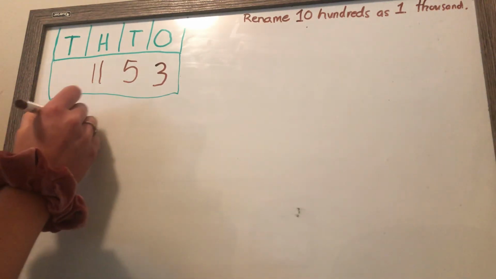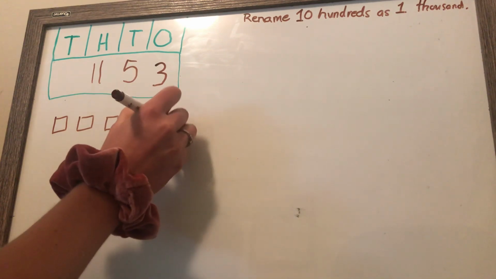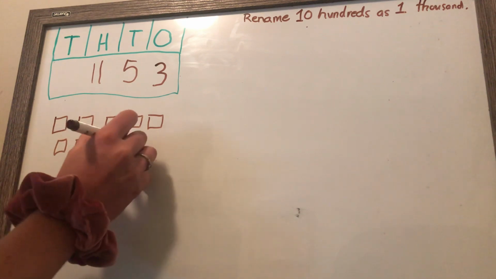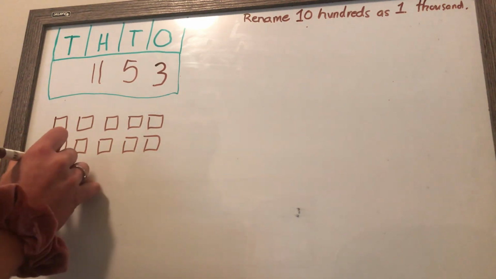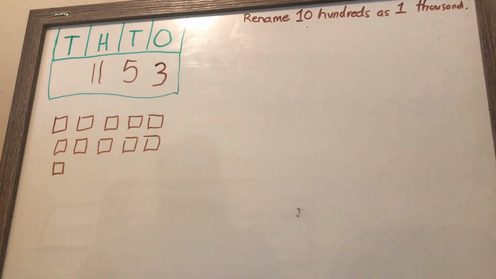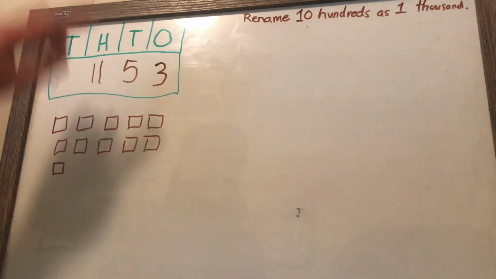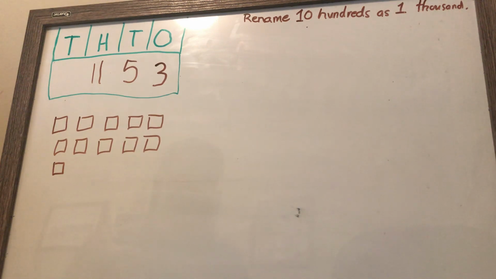Let's say that each of these little boxes is equal to 100. And we can remember that there are 10 tens in 100. That is 10. How many do we have? We have 11, so I need to draw one more. Now, in our hundreds place value right here, we have 11, but that does not fit. How many do fit in there?